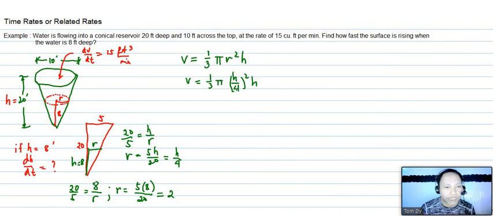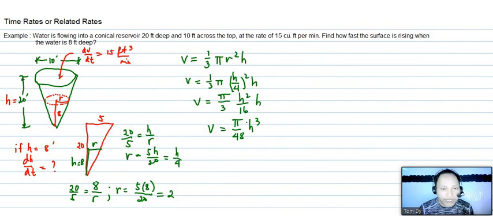So this will become 4 times 3, that is 12... V equals pi over 3 times h squared over 16 times h. So V equals pi over 48 h cubed.